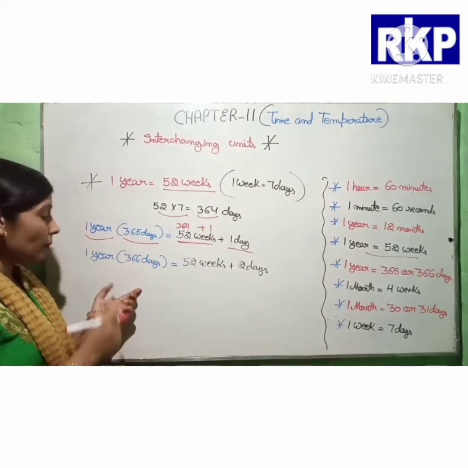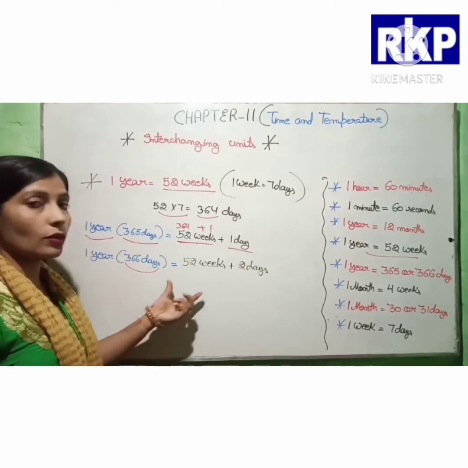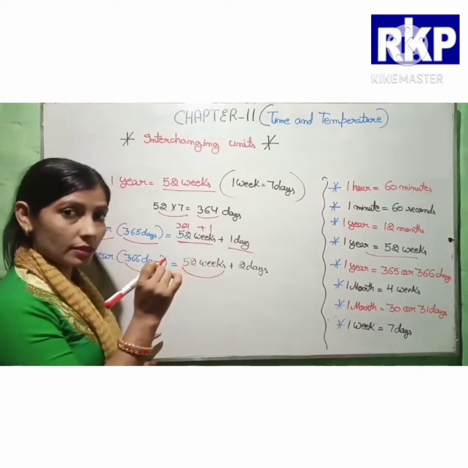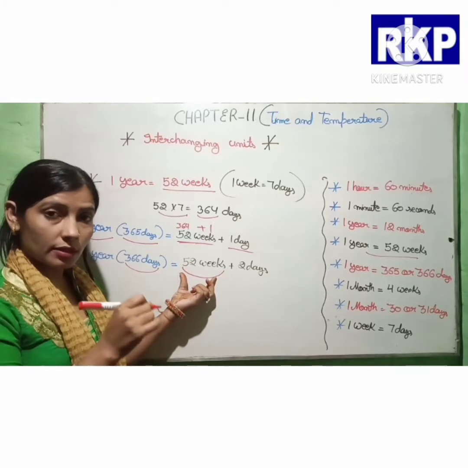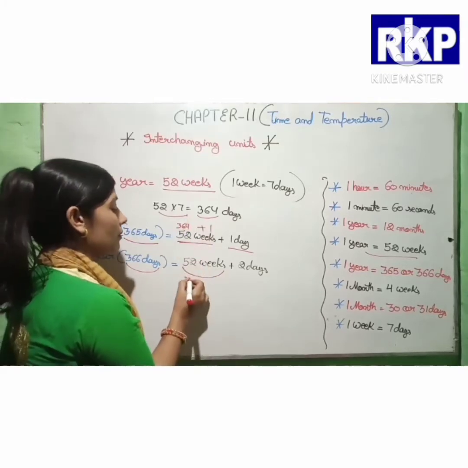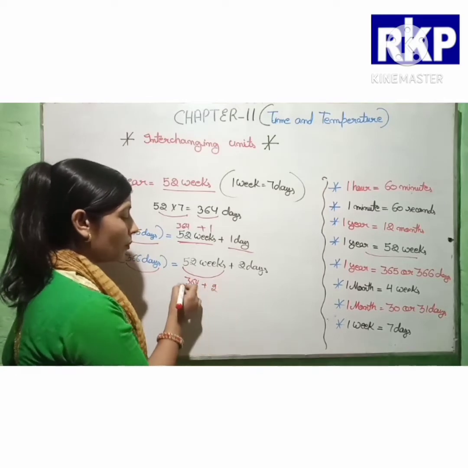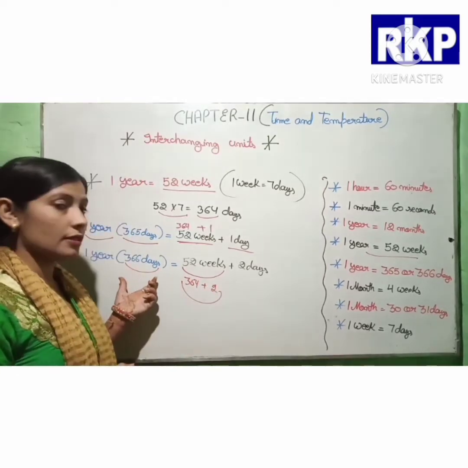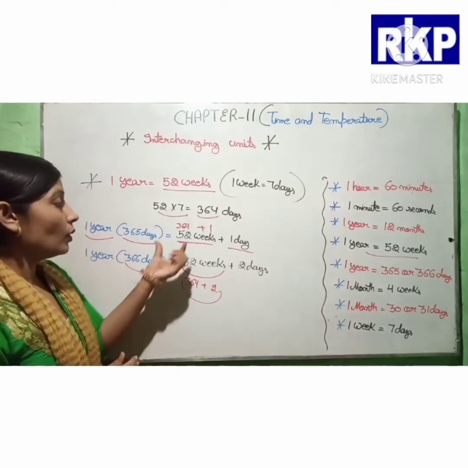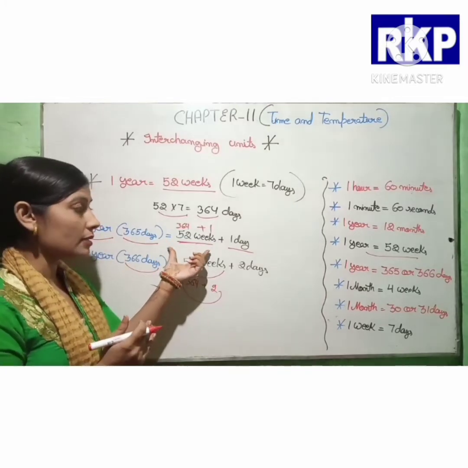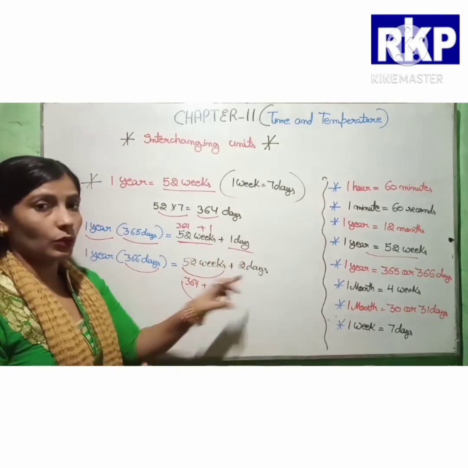And 1 year with 366 days is equal to 52 weeks plus 2 days, because 52 weeks means 364 days and plus 2 means 366 days. It means 1 year is equal to 52 weeks plus 1 day or 52 weeks plus 2 days.